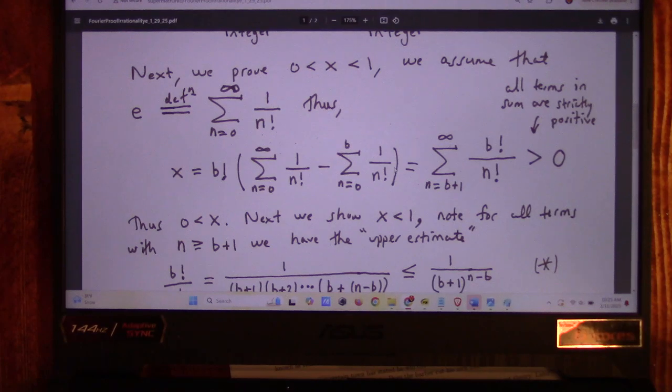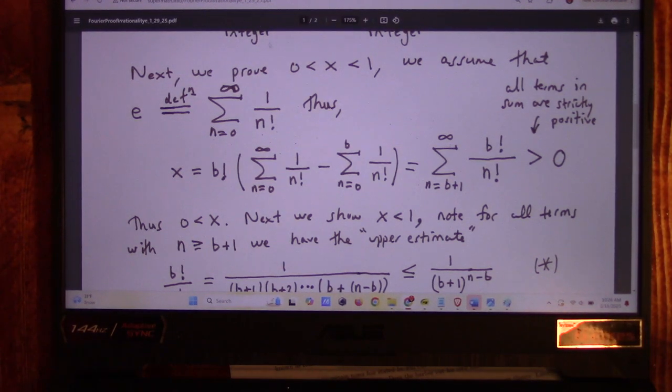Okay, so next we give an argument that 0 is less than x is less than 1. We assume that e is, by definition, the sum from n equals 0 to infinity of 1 over n factorial. That's a reasonable definition for the exponential function, and if you put x equals 1 into that, you get this. So it stands to reason this is a good definition for the number e. There's about 5 different definitions you could give for e; here's one of them.